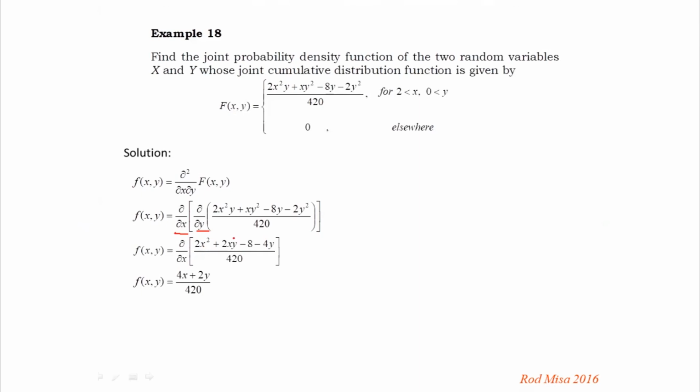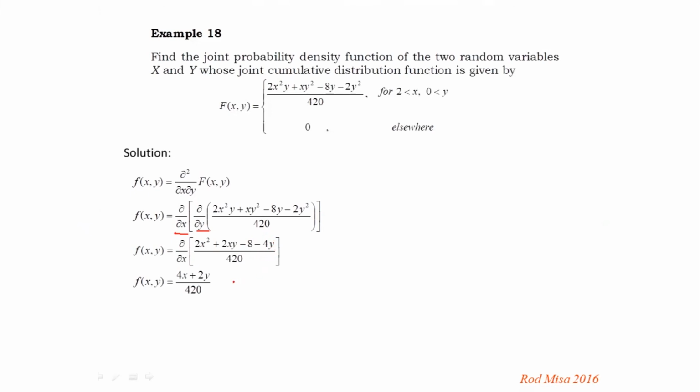And then the derivative of 2xy with respect to x is 2y, because y here is treated like constant. And the differential of negative 8 with respect to x is 0 here because the derivative of a constant is 0. As well as the derivative of negative 4y is 0 since y here is treated like constant.